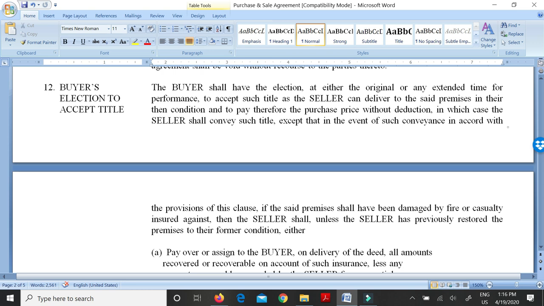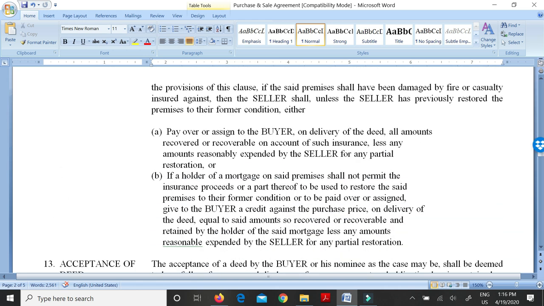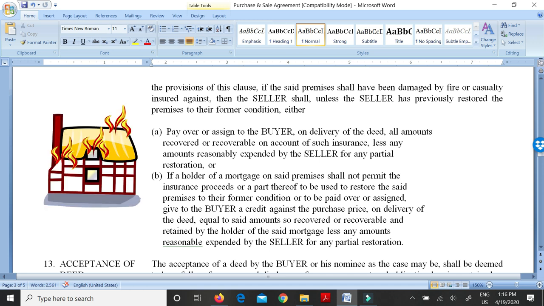Paragraph 12. If you decide to accept title in the current condition that it is, you will get it subject to the conditions already in place. In addition, it advises that you have multiple choices over what happens if the property is damaged by fire or other types of damage.